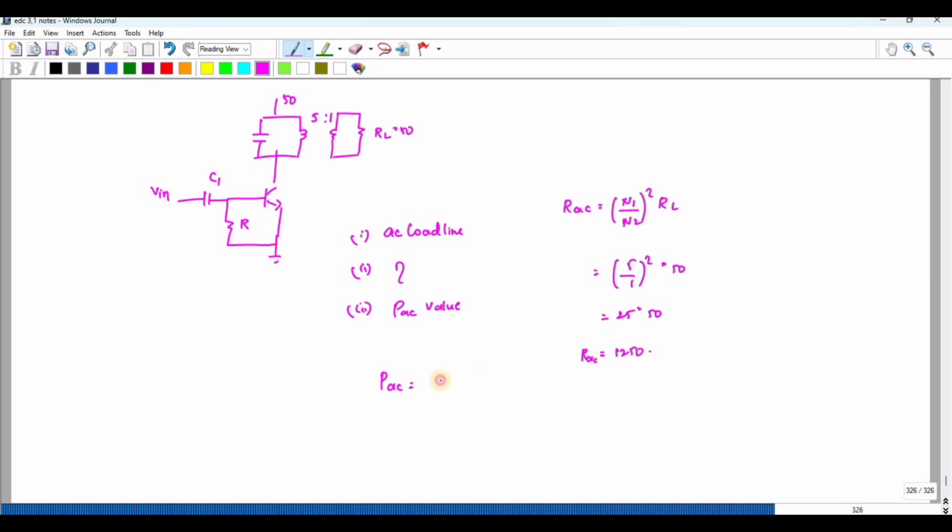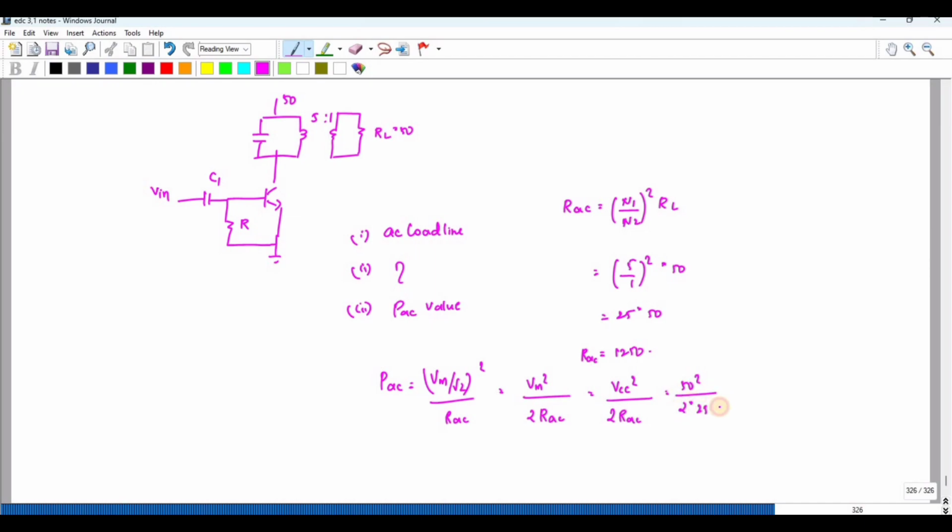In order to find PAC, it is VM square divided by 2 into RAC. VM square is nothing but VCC square divided by 2 RAC.